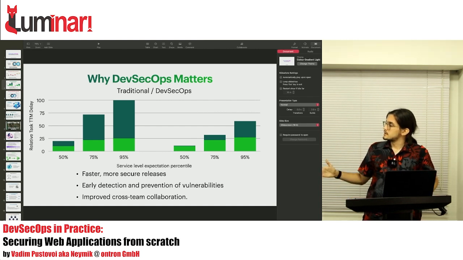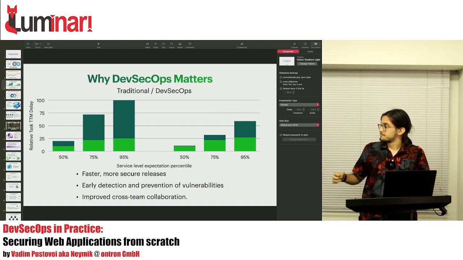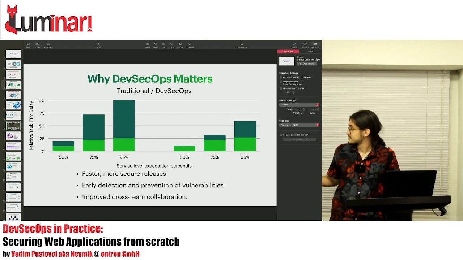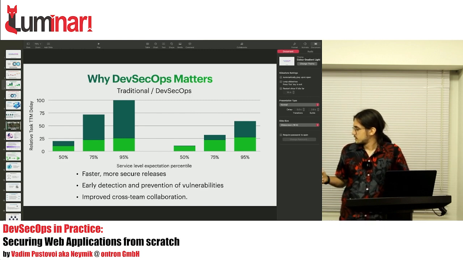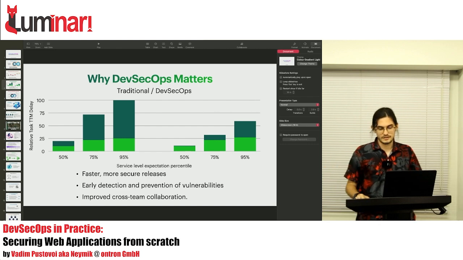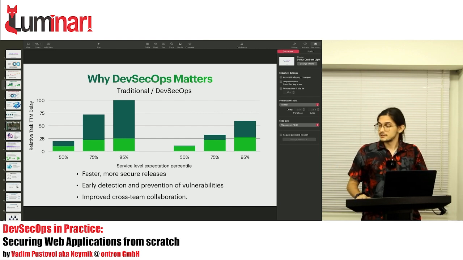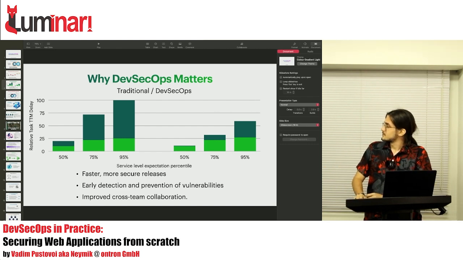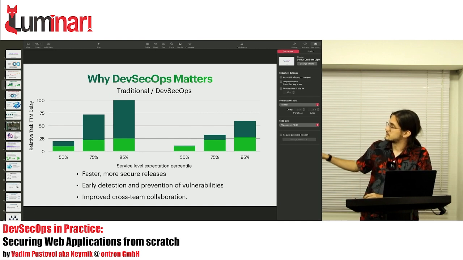You can see that for some features, I call it a service level expectation, there was a very big number of tasks in the dark green and light green colors.